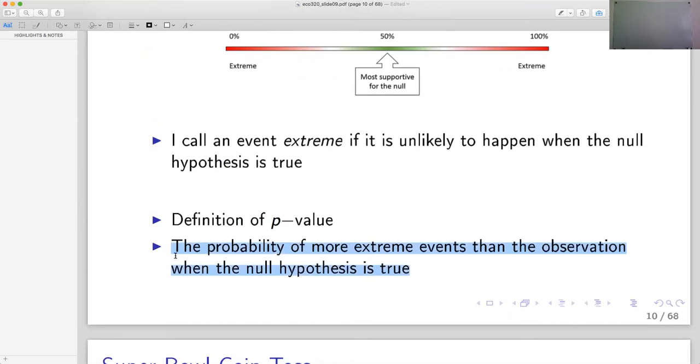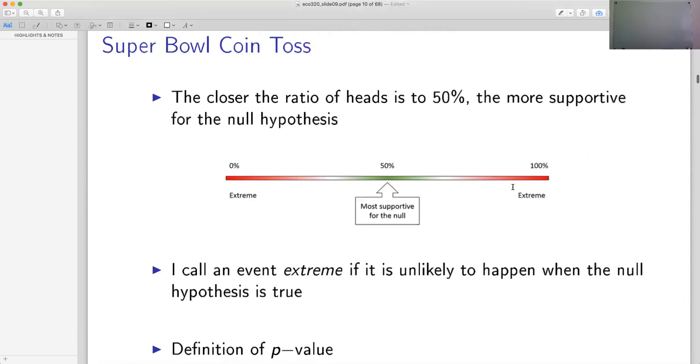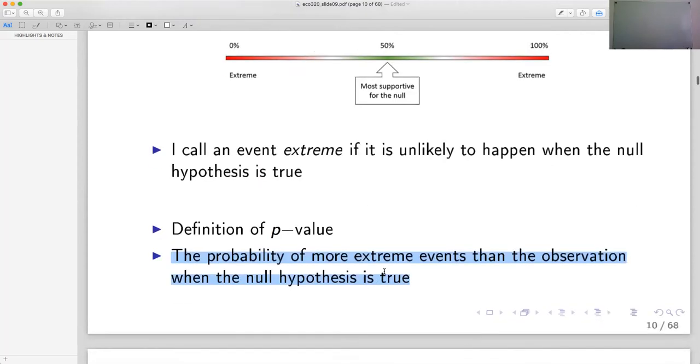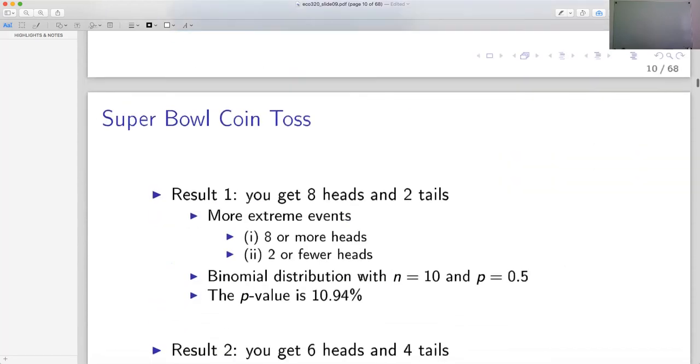For example, the probability that all 10 coins are heads would be 1 over 1024, or 1 over 2 to the 10th power. That would be your extreme probability. That is the p-value: the probability of more extreme events than the observation when the null hypothesis is true.